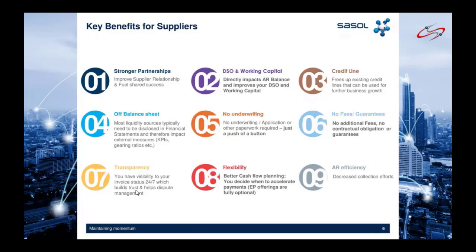You've got real-time visibility 24/7 to view your invoice statuses, and you can see when you can expect payments. This program is also directly integrated with Natref's ERP system. Flexibility: you can decide when to accelerate payments without waiting for authorization or completing any paperwork. You can get paid early by the click of a button.